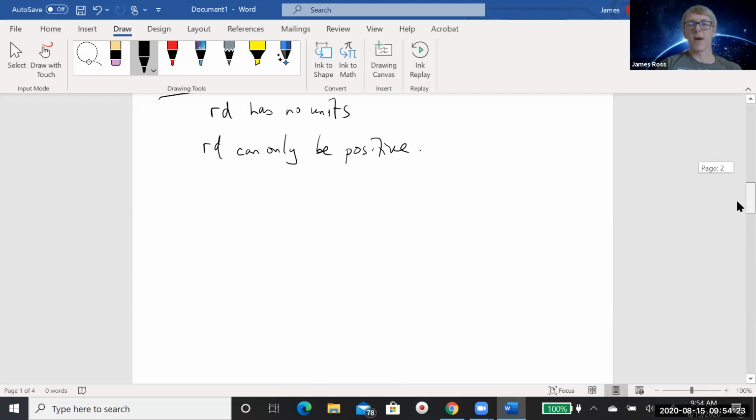Okay, let's look at our final topic in precision, which is percent relative average deviation from the mean. So let's underline that.